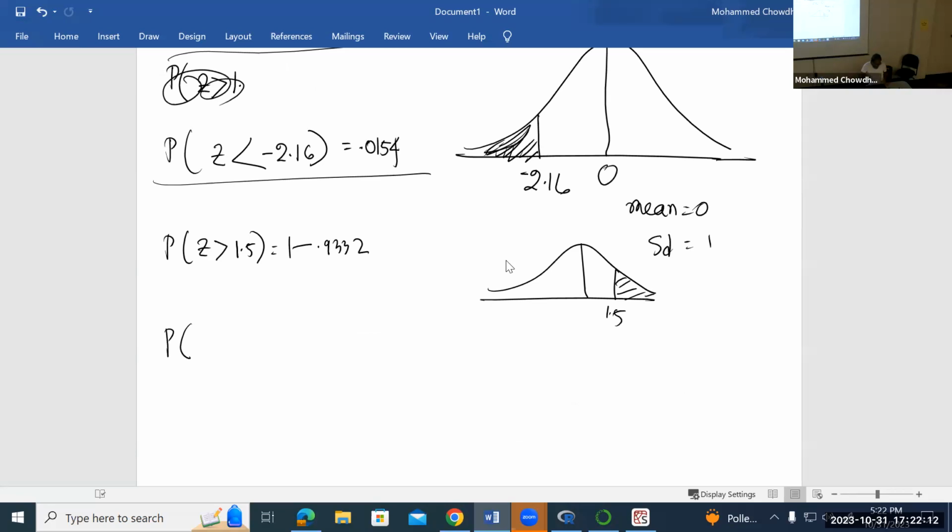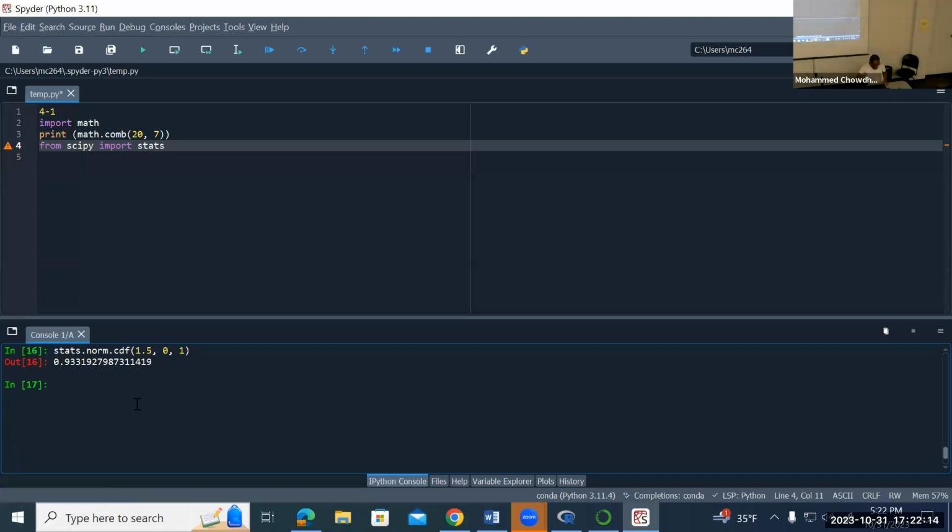If it is greater than, you just do 1 minus that; this is your greater than. Less than can be computed directly by using the CDF. Clear, right?